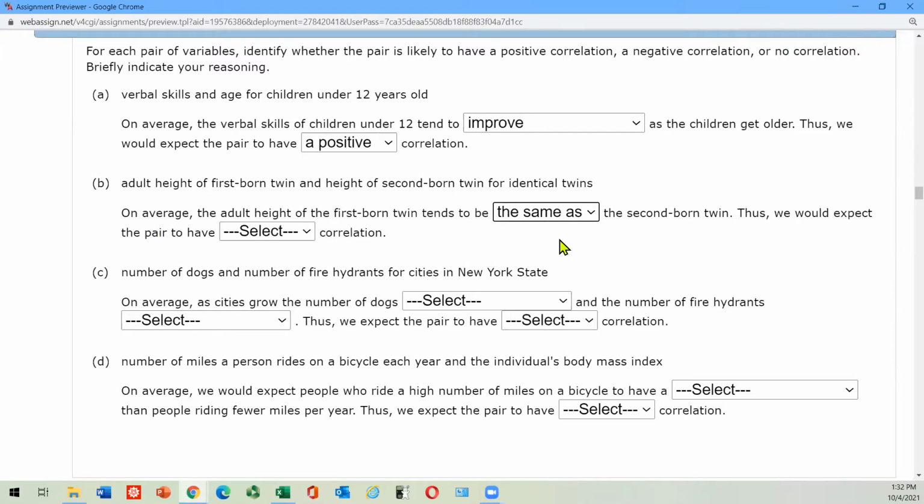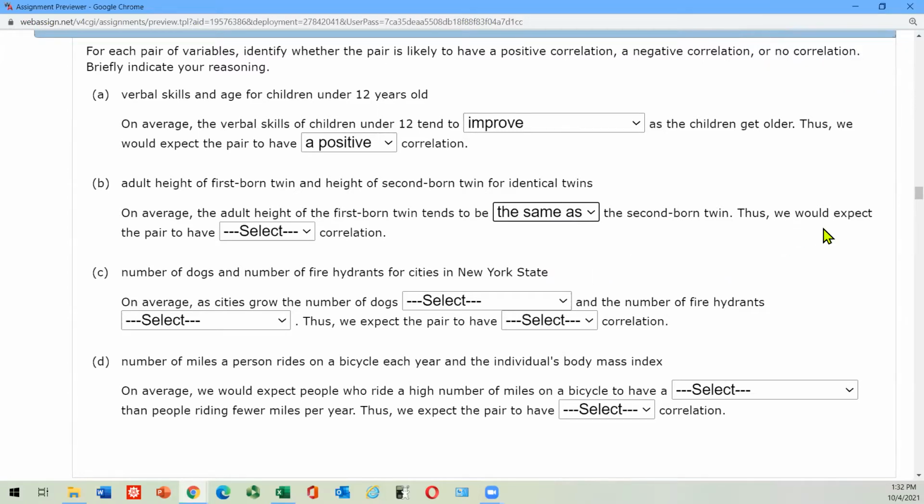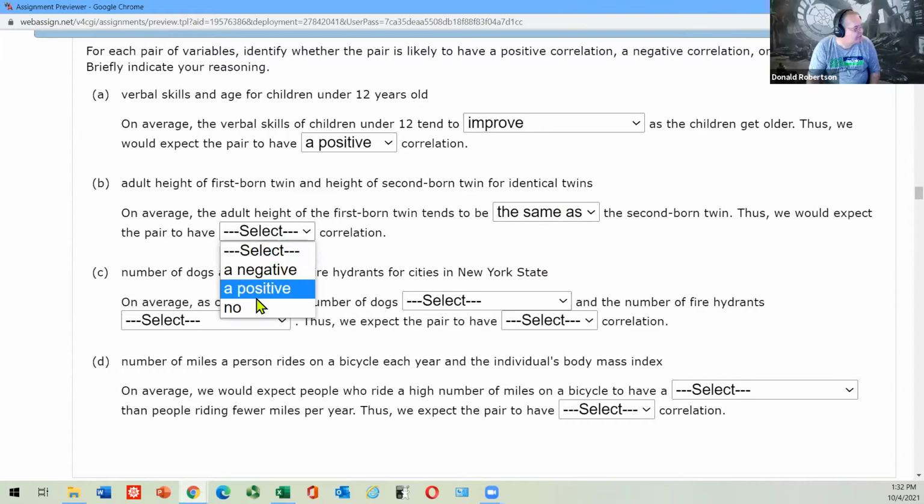By the time they get to adulthood, would you agree that the identical twins are probably going to be about the same height? Yes. Thus, you would expect the pair to have no real correlation, or a positive correlation or a negative. Which are you going for?